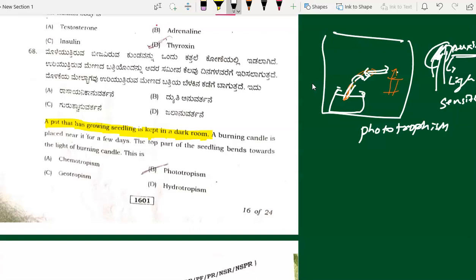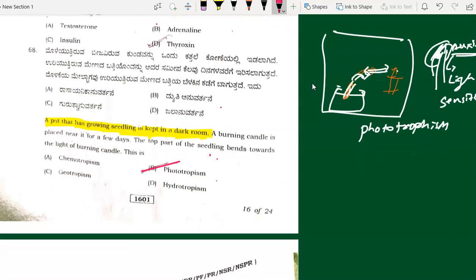If the growth is of a root, it is geotropism. Growth because of a chemical is chemotropism. But in this question, the answer is phototropism, because the plant is growing towards light. It may be sunlight or any external light. At the end of the day, it is light.